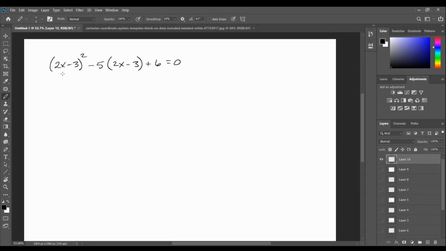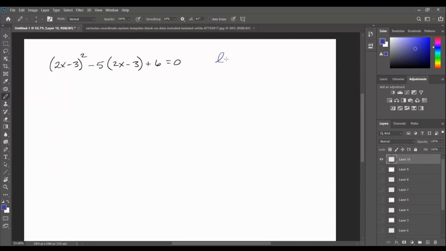I can go ahead and FOIL this first term, just square that binomial. I can distribute the negative 5 through. It would work. It would get me there. But you know what? If I step back and kind of squint a little, it almost looks like a quadratic equation. I've got something squared minus 5 times that something plus a constant.